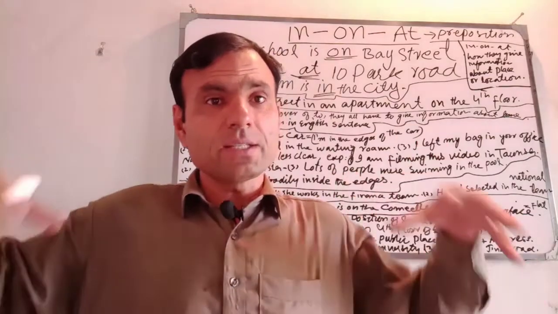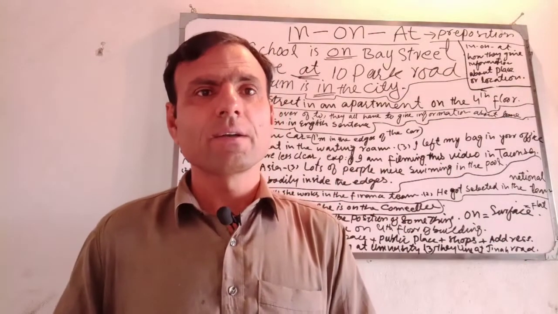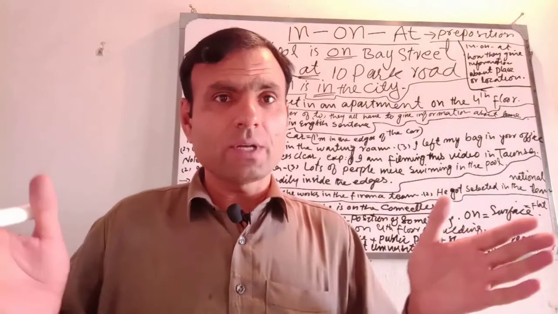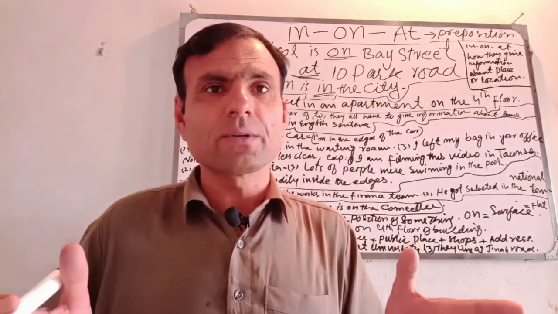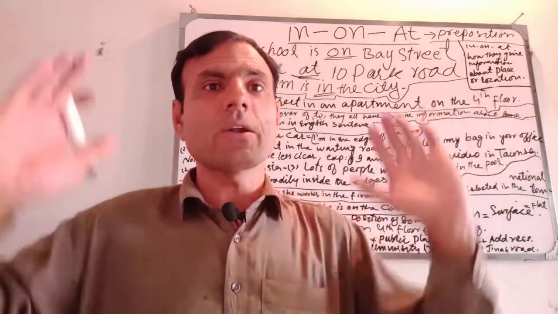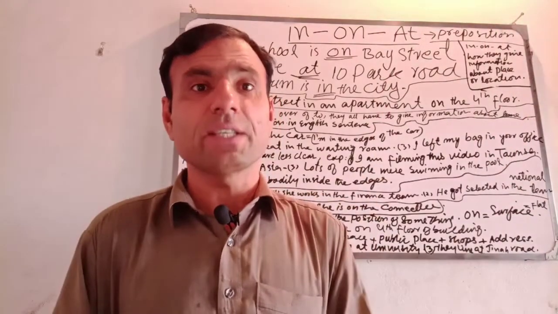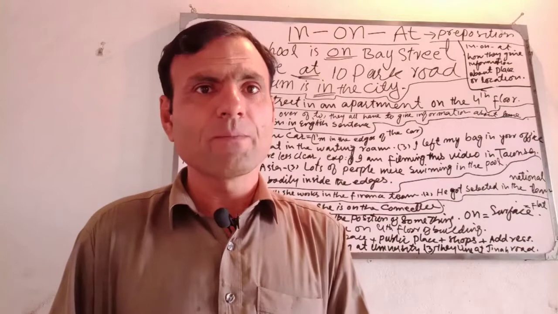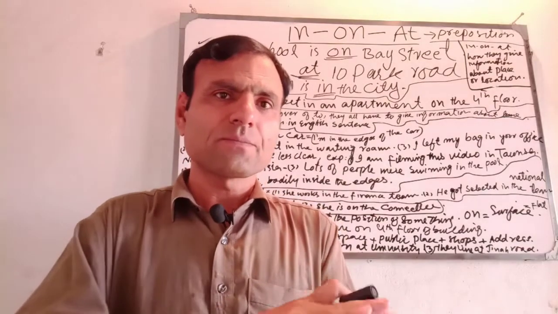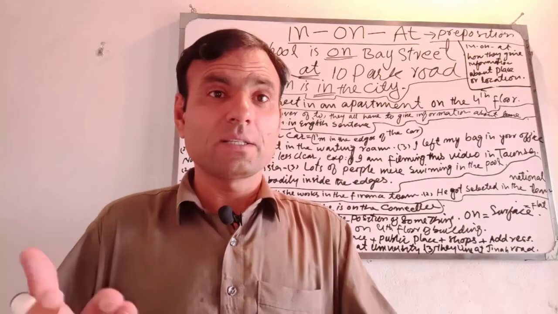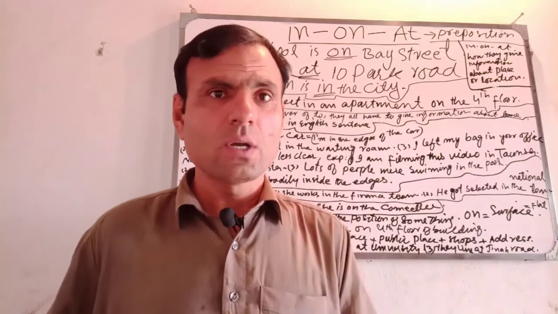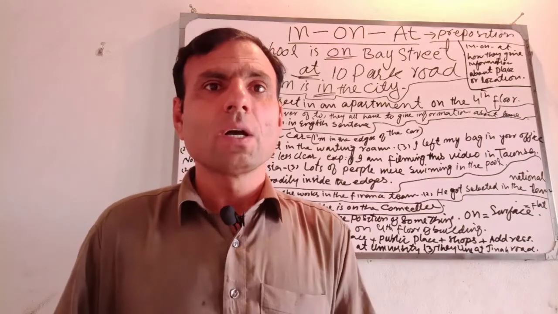If something is inside a thing, meaning there are edges of a deep thing, if something is deeper and its edges are higher and you are inside its edges, then you are in. If something is flat, like a table, like the sea, like the ground, then you are on it.